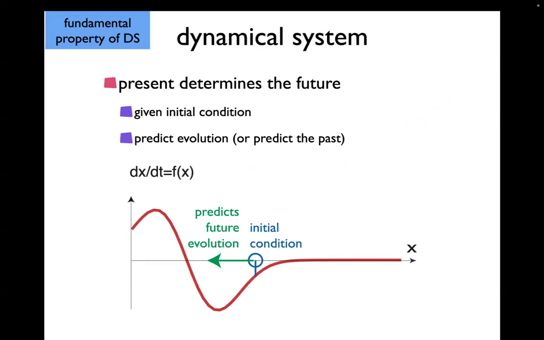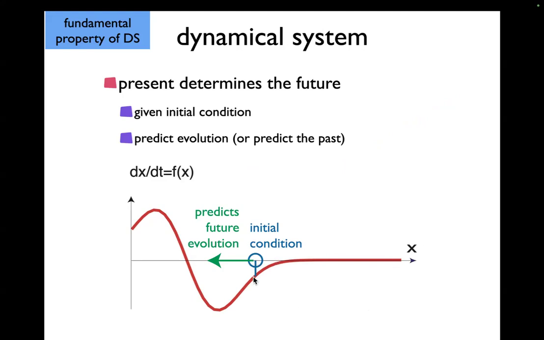Okay, now the fundamental property of dynamical systems already hinted at, and mathematically it is sometimes called the existence and uniqueness theorem, essentially says that in a dynamical system, if you know this function that characterizes the dynamical system, how the rate of change depends on the value of your variable, then the future is predicted by just knowing one initial value of this variable.